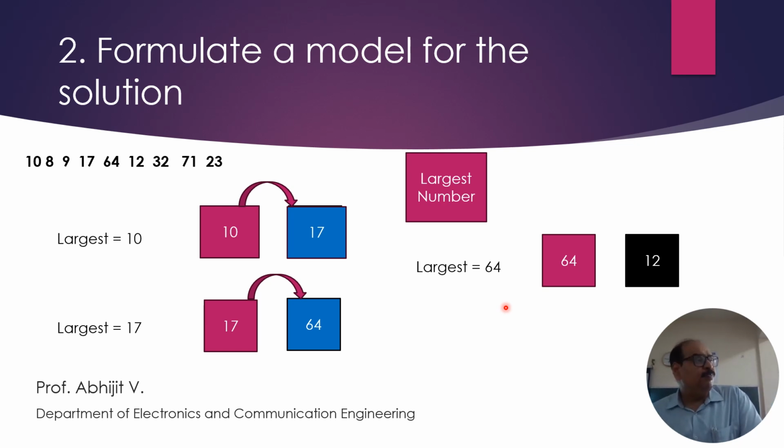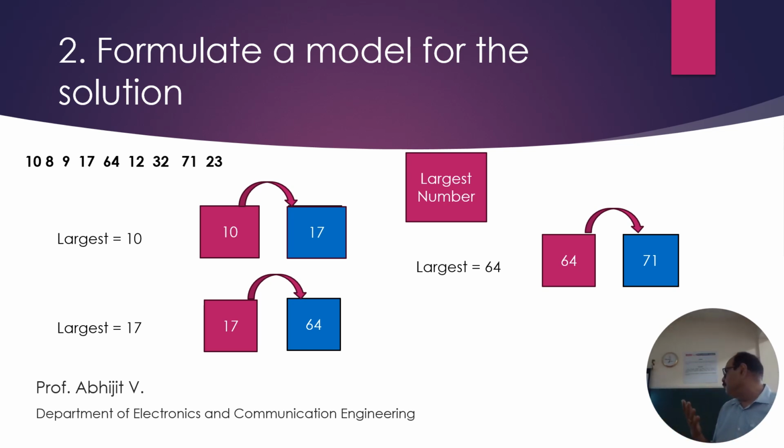Next, again 64 is compared with 12. There is no change because 12 is less than 64. Next, compared with 32. 32 is less than 64. So what happens? No change. Next comes 71. 71 is greater. So what happens? There is a change.